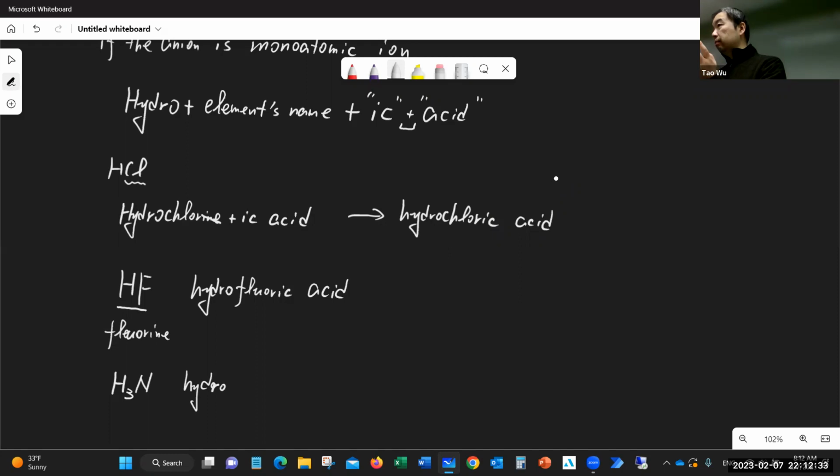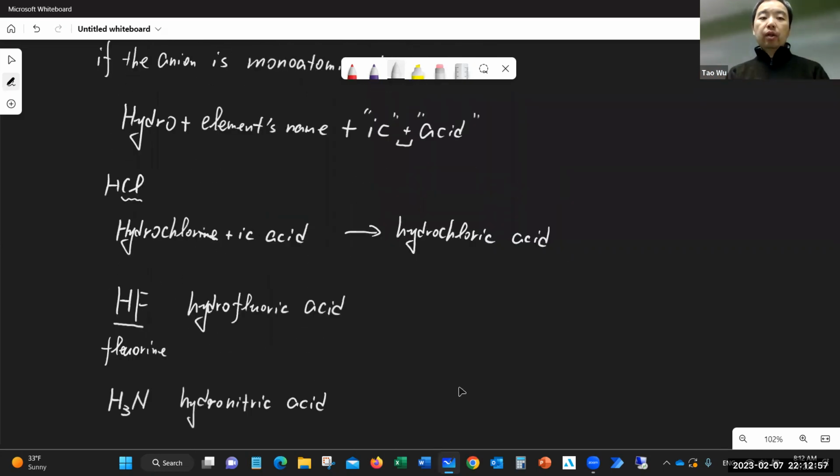So this is called hydronitric acid. Make sense? Okay, this is how we name those acids with the monoatomic ion. And by the way, what is this called?